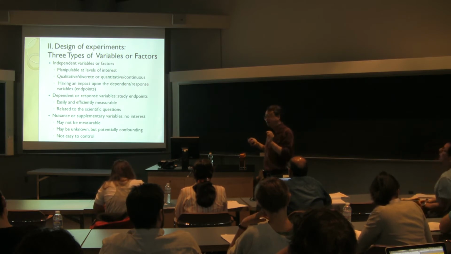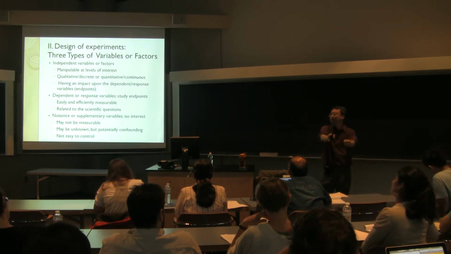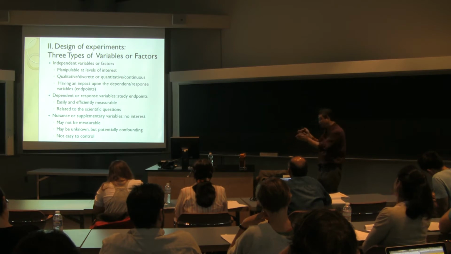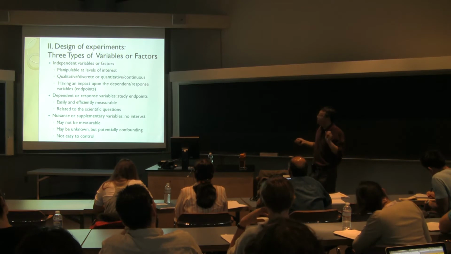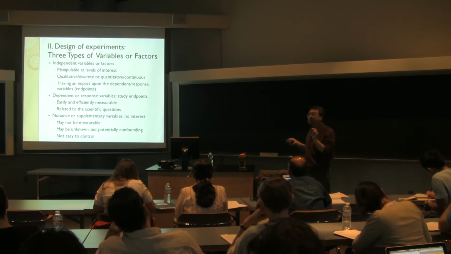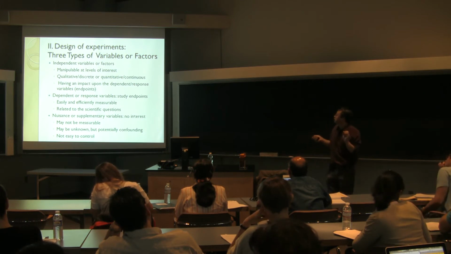You don't want to vaccinate with adjuvant using very young mice, just one week old, and then vaccinate another group without adjuvant using old mice. You don't want to do that. Even though you are not interested in it, it may be confounded with your conclusion, with your result. So you want to control it.